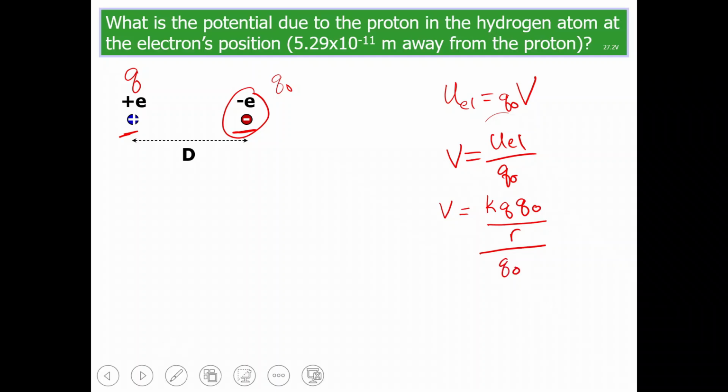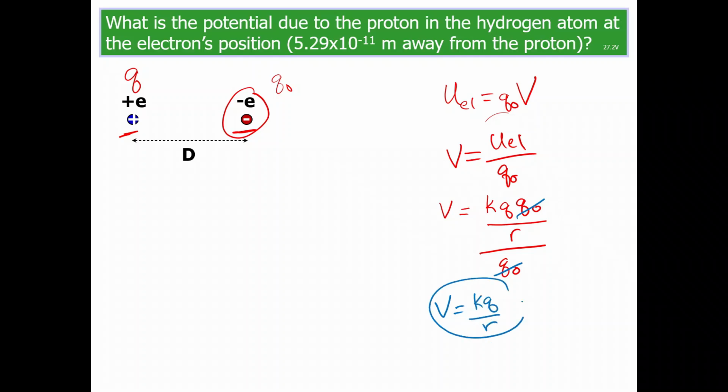And what would happen, like in the lecture, is Q0 cancels out, so we get V is equal to KQ over R. Now this formula is on your formula sheet. I just wanted to remind you where it came from and the fact that this formula only works for a point source charge.